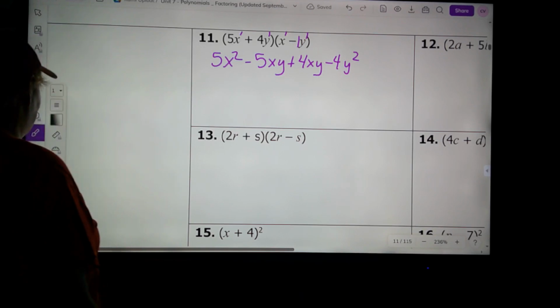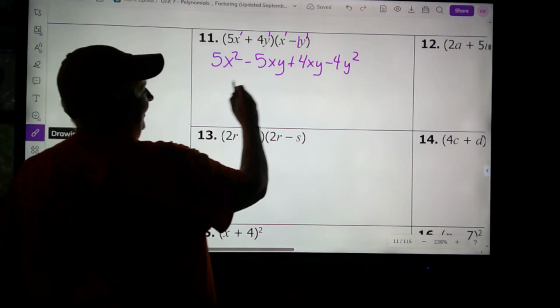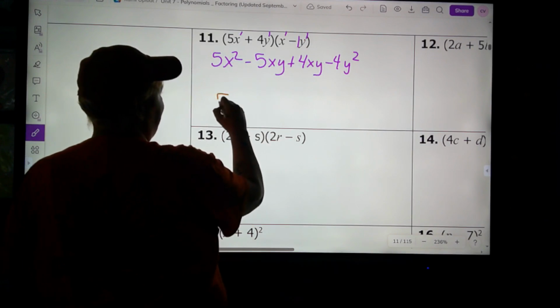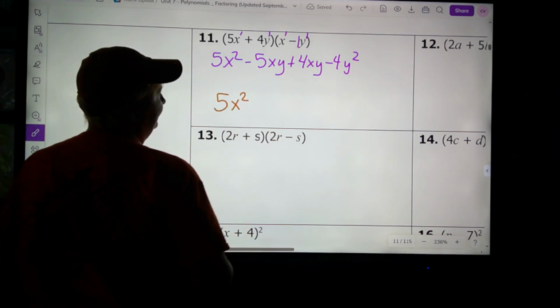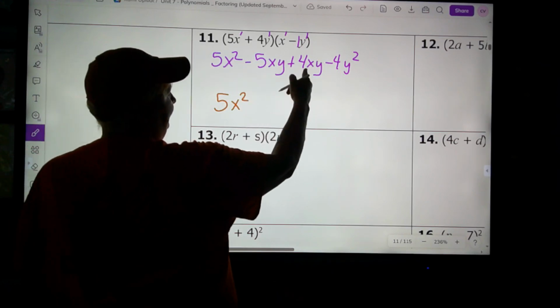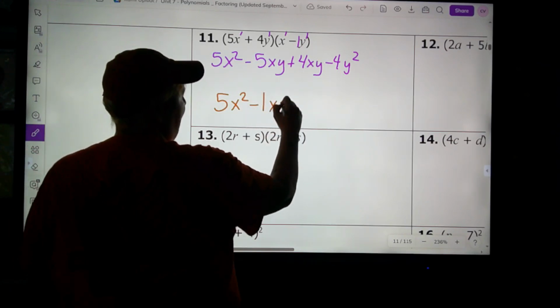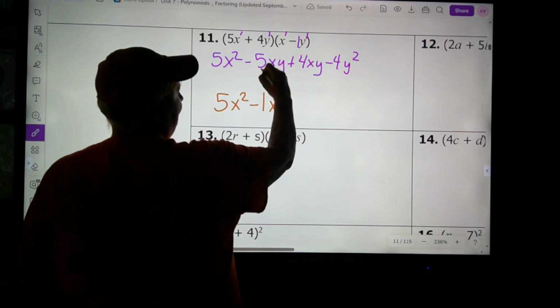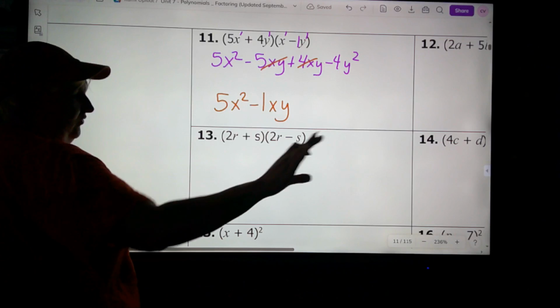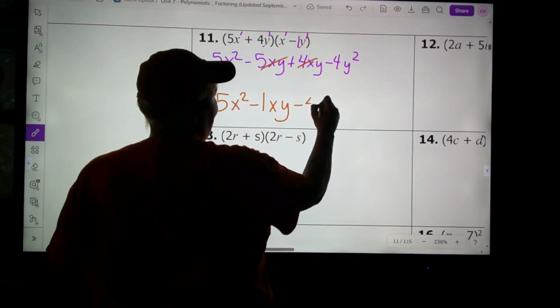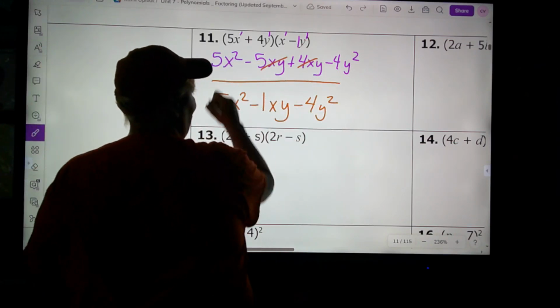Interesting. X comes before y, so we're going to keep 5x squared at the front. We're going to make it negative xy. Combining these two, y comes next, negative 4y squared.